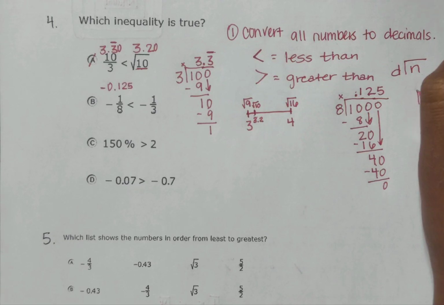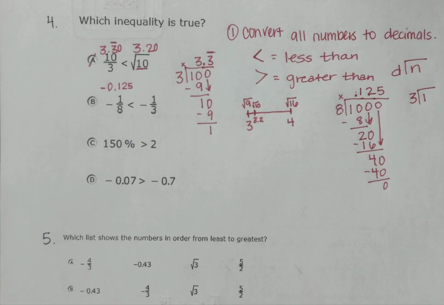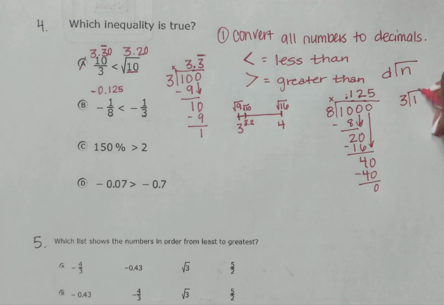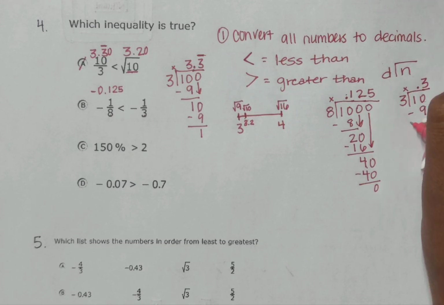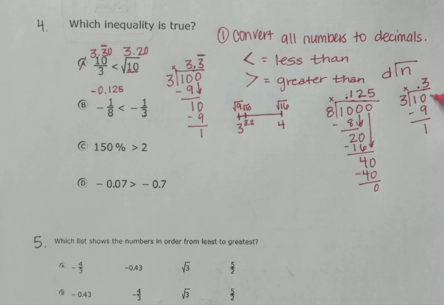So 1 divided by 3. 3 does not fit into 1, so we will add our decimal and a 0. 3 goes into 10 3 times. 3 times 3 is 9, so we take away 9. We're left with 1. 3 does not fit into 1, so we add that 0, bring it down. 3 goes into 10 3 times. Take away 9 because 3 times 3 is 9, and we're left with 1.